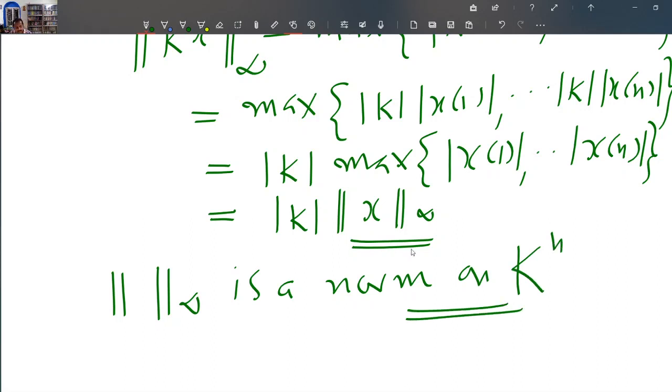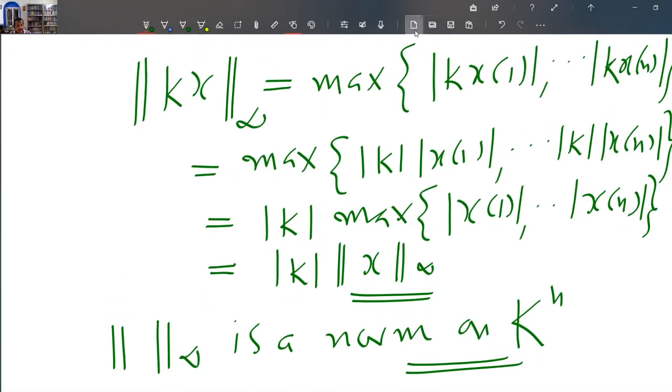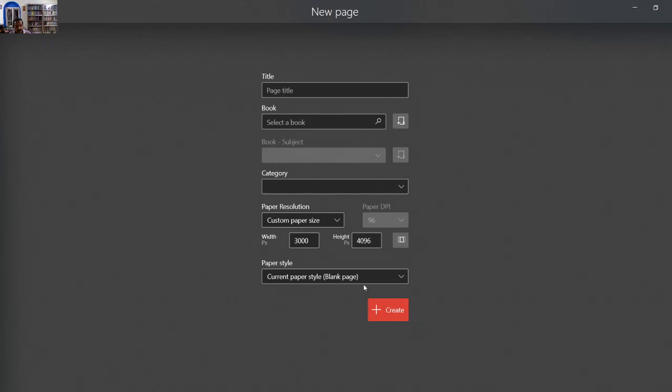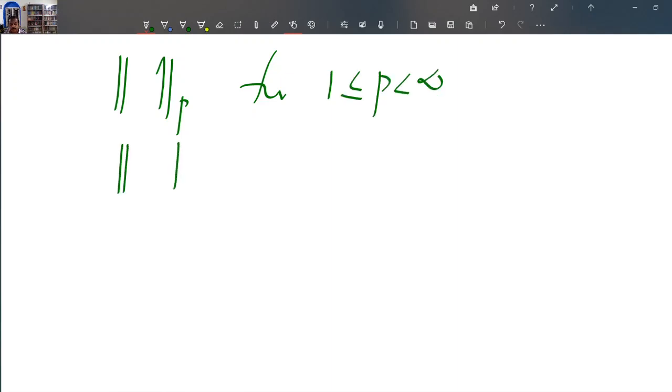So we have discussed various kinds of norms on K^n. We have the p norm for 1 less than or equal to p less than infinity, and you have the supremum norm, and these are all norms defined on K^n.